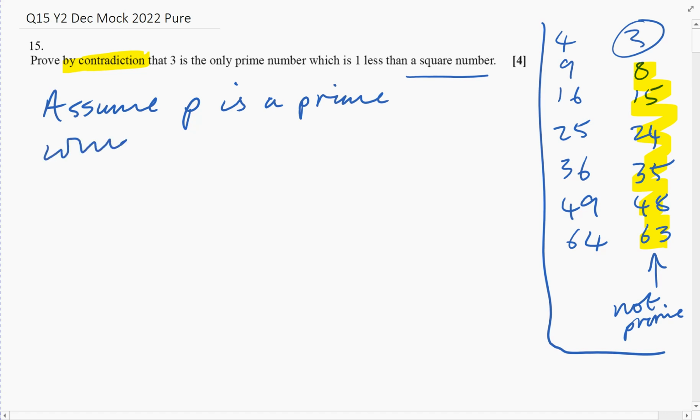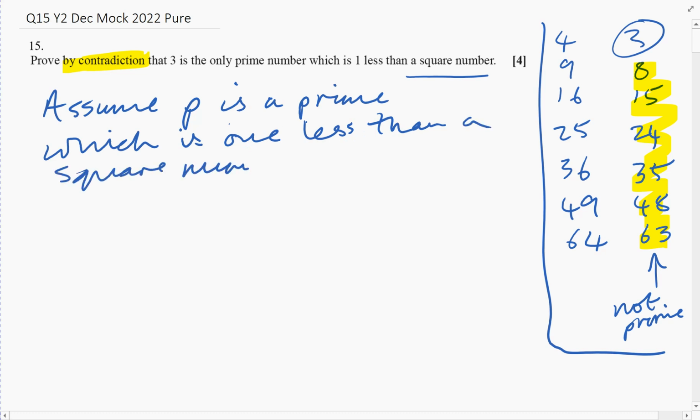which is one less than a square number. Okay, so therefore P will equal n squared minus 1, where n is a positive integer.